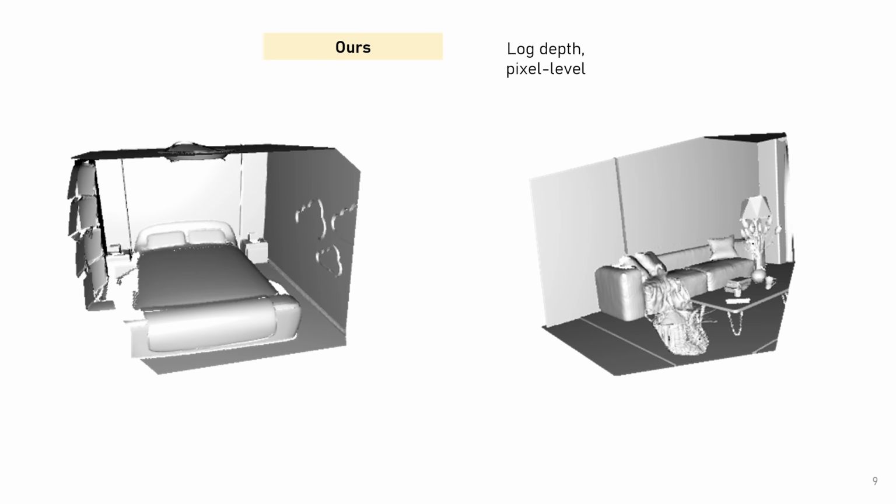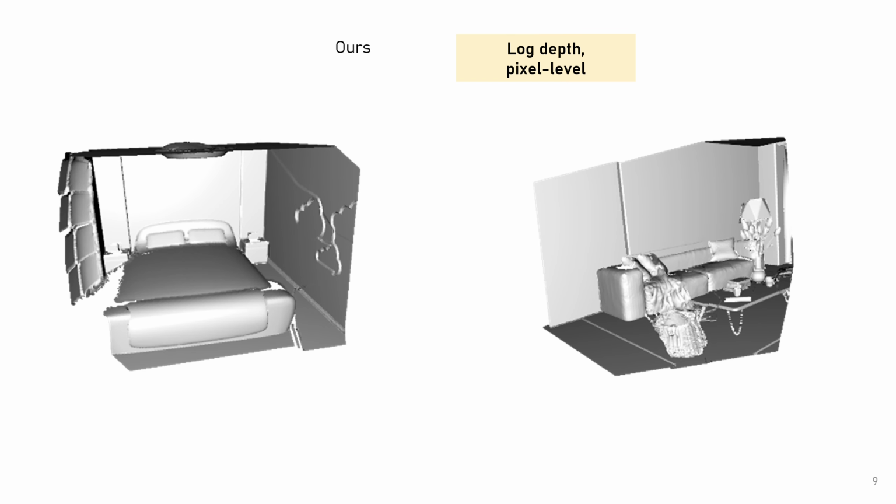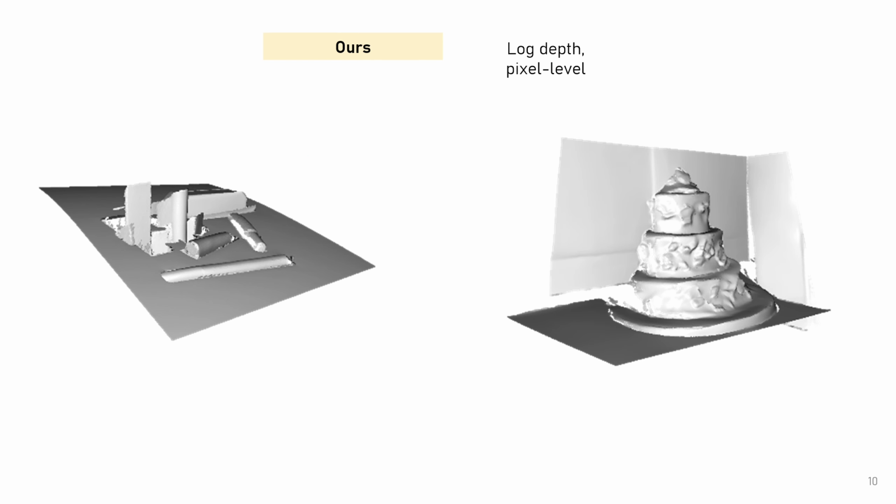Additionally, looking at the reconstruction, we note that by modeling large continuous surfaces as components, our method prevents the formation of spurious discontinuities, which are instead introduced by log-depth pixel-level approaches. Another example of which is shown here.